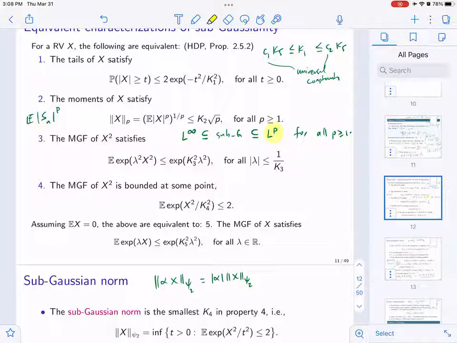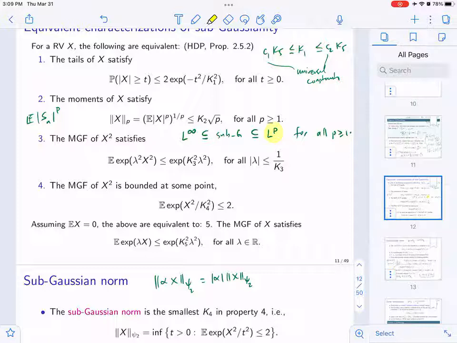So L1 is the set of random variables that have finite first moment. L2 is the set of random variables that have finite second moments, and so on. Yes, exactly. In probability spaces, if you have higher moments, all the lower moments exist.